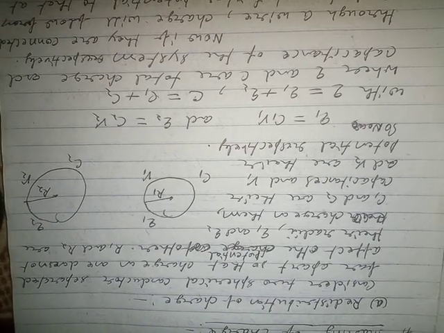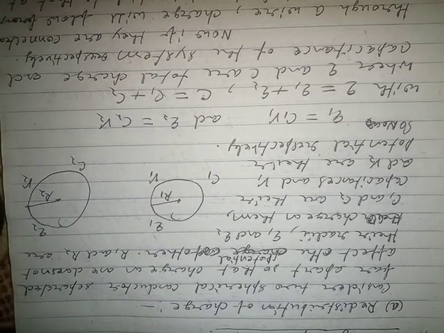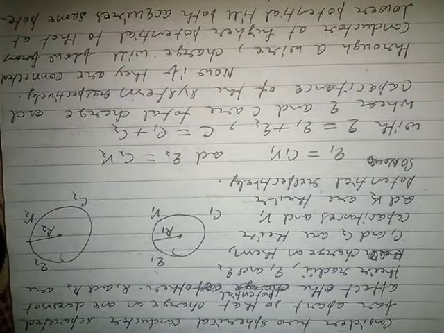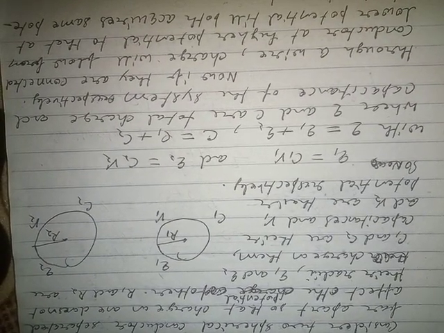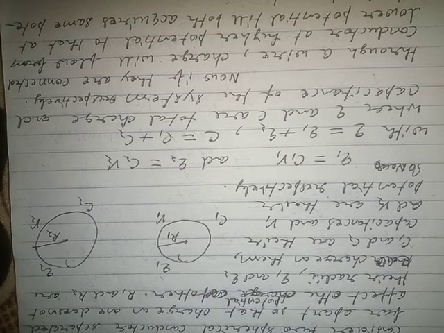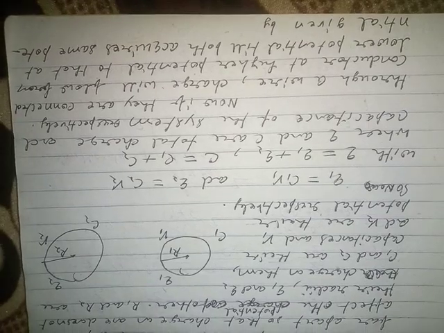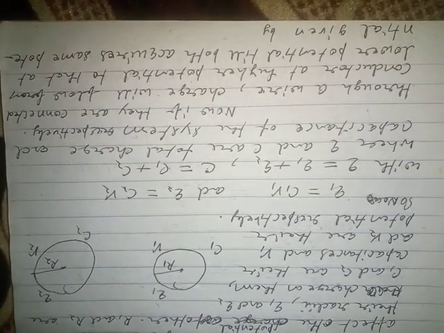So we have Q1 equals C1 V1 and Q2 equals C2 V2, with Q equals Q1 plus Q2 for the system, and C equals C1 plus C2, where Q and C are the total charge and capacitance of the system respectively.